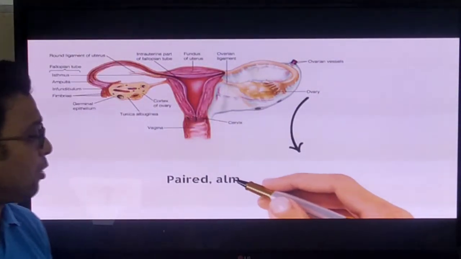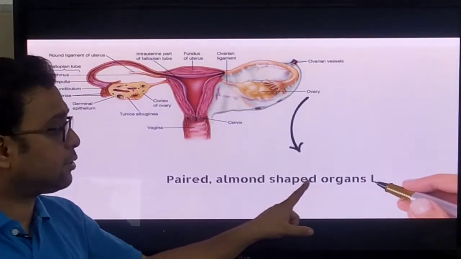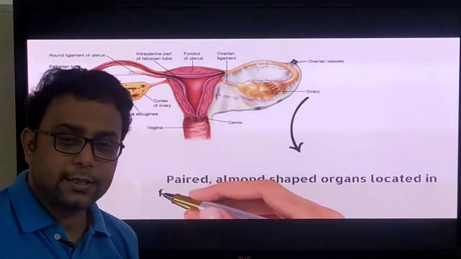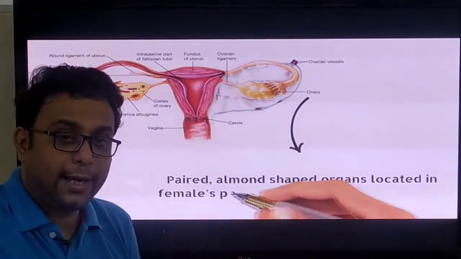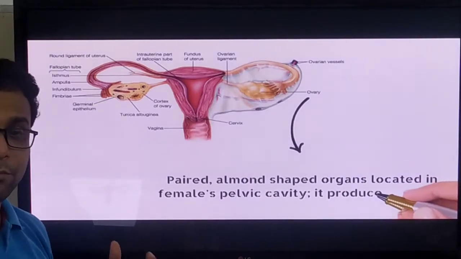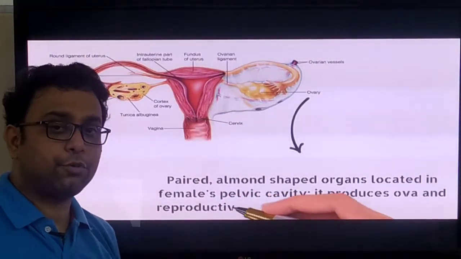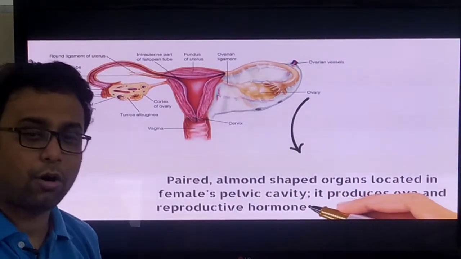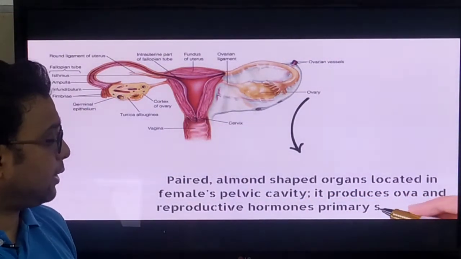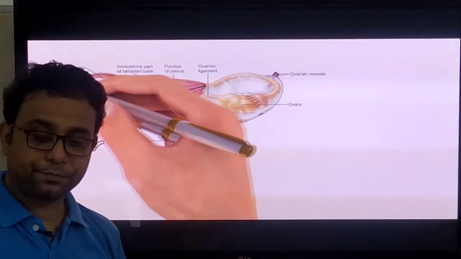In there you can observe the ovary, a pear and almond shaped organ, which is the main site for the production of the egg, because it is a primary organ. Not only is egg production happening here, but hormones like estrogen and progesterone are also released from the ovary, right?